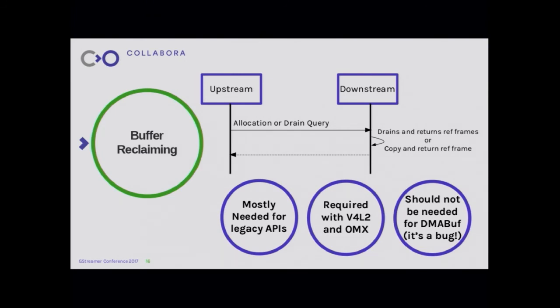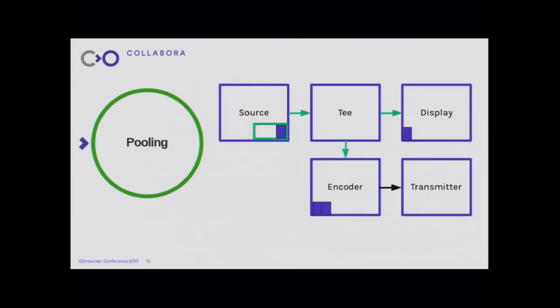an allocation query coming. Now, if I come back to my previous slide, it's very difficult for the display to return that back because it's my scan-out buffer. It's impossible. So what we end up doing in those display elements is detecting whether the buffer is from upstream.